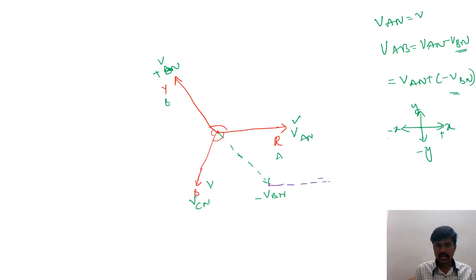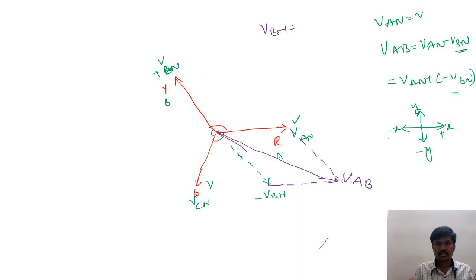In the same manner, draw the parallel line from this point to join these two lines. You get the resultant, which is going to give you VAB.